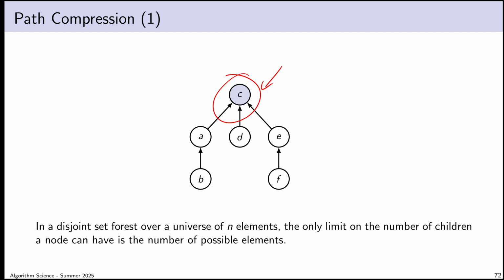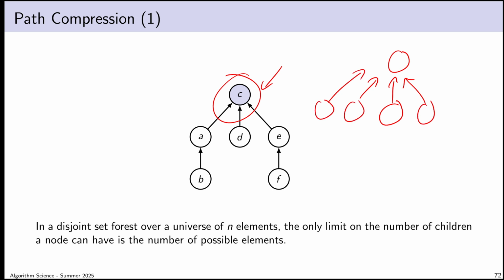And depending on the specific order that I do union operations, I could end up with perhaps disjoint set forests that actually look like this. Not really long chains, but ones that are a little bit more spindly, or I could end up with disjoint set forests that look like this. I wouldn't actually get a situation like this showing up.